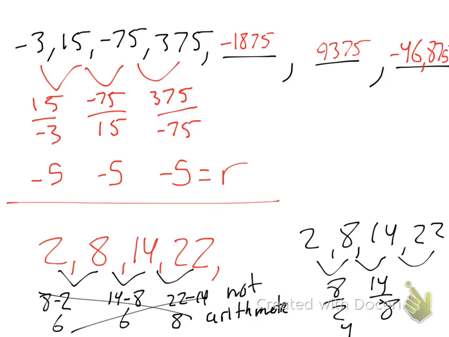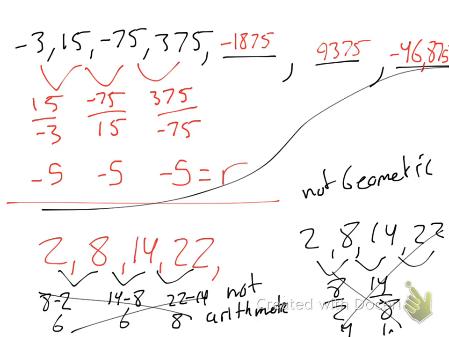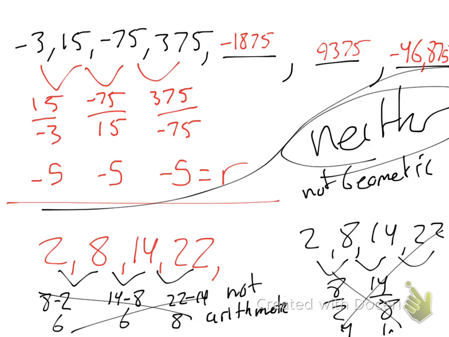It's not even 2. It's 1 point something. So therefore, it's not geometric either. That means it's neither.